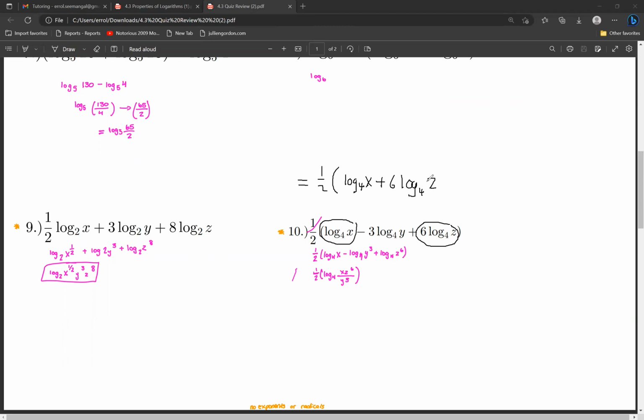I'm just going to rewrite it in a different order, and then put the subtraction one on the end, 3 log 4y. All I did was rearrange the order. The first one is still first. I put the second one in the third position and the third one in the second position.